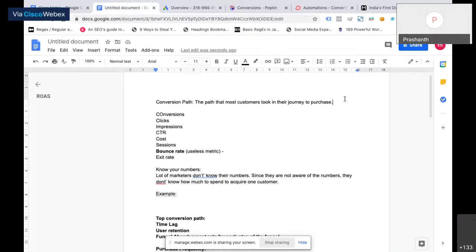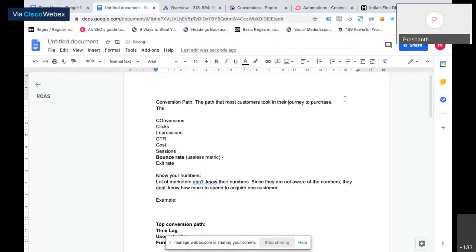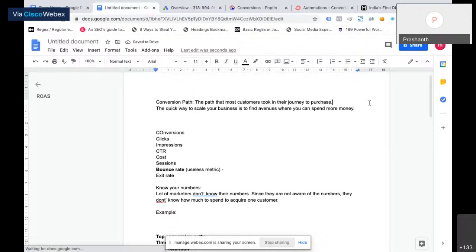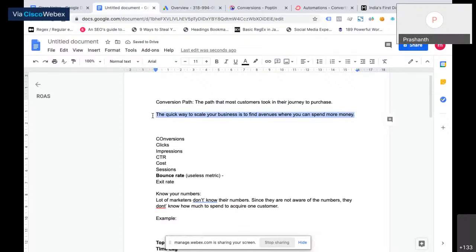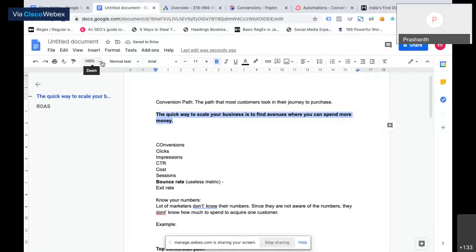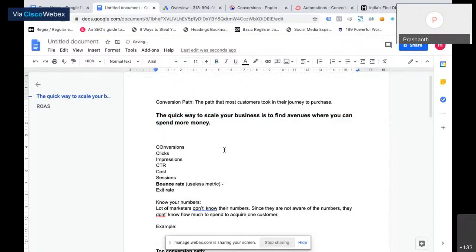And I'll write one point here. A quick way to scale your business is to find avenues where you can spend more money.